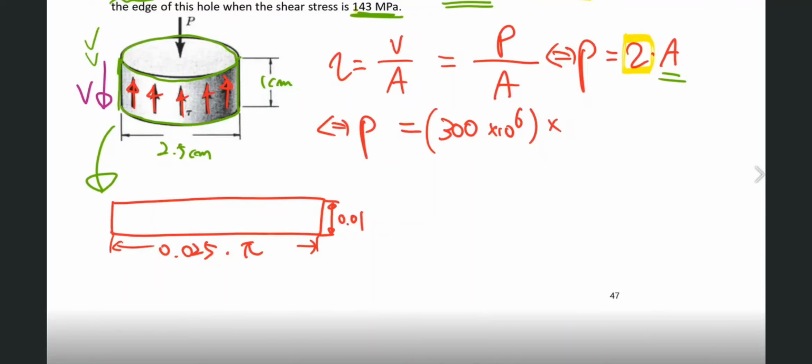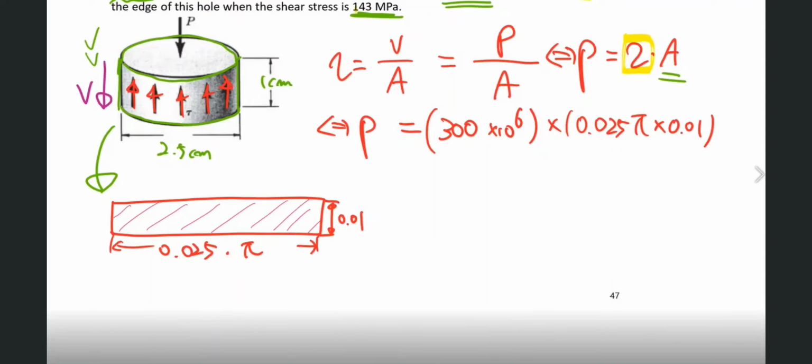Right? Then now we can define the cross-section area of this entire side of the steel plate structure. So, change the color. 0.025 pi multiplied by 0.01.